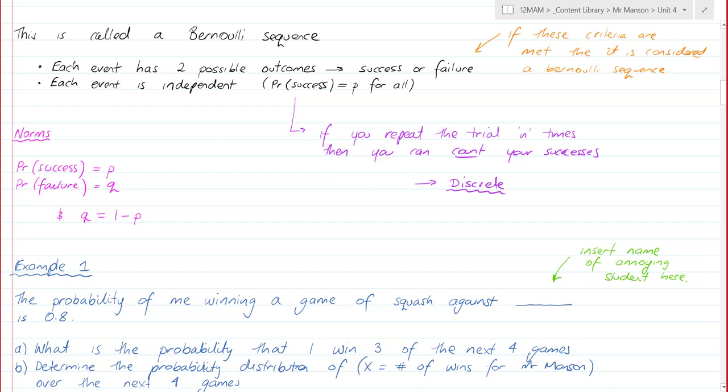It's also discrete probabilities. If we repeat a trial n times and we can count the number of successes, that's a countable thing. Discrete is countable data. And here's a couple of norms just down here.